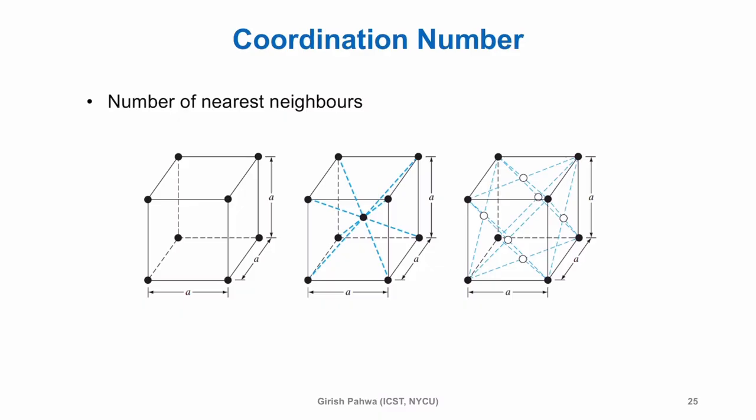So for example, what will be the nearest neighbors in a simple cubic lattice? Number of nearest neighbors. Can you think about it? Always think in terms of the whole lattice, not just one unit cell. How many? 4, 5, 8, 6? 6. Yeah, so it has 6 neighbors. Why? Say I sit here, right? So this is equidistant from here, equal, right?